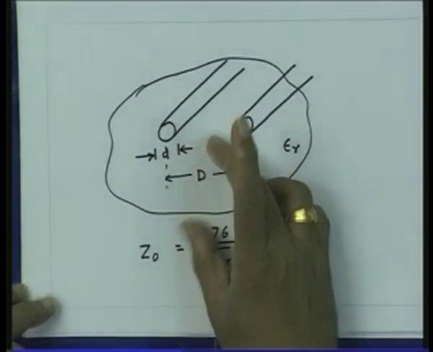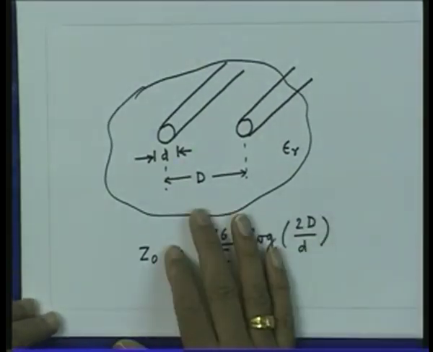So, this structure is a floating structure for which the ground is not defined, whereas for the other two structures, the ground is defined and the voltage is applied between the ground and the conductor. The other two structures are called the unbalanced structures, and this structure is called the balanced structure.